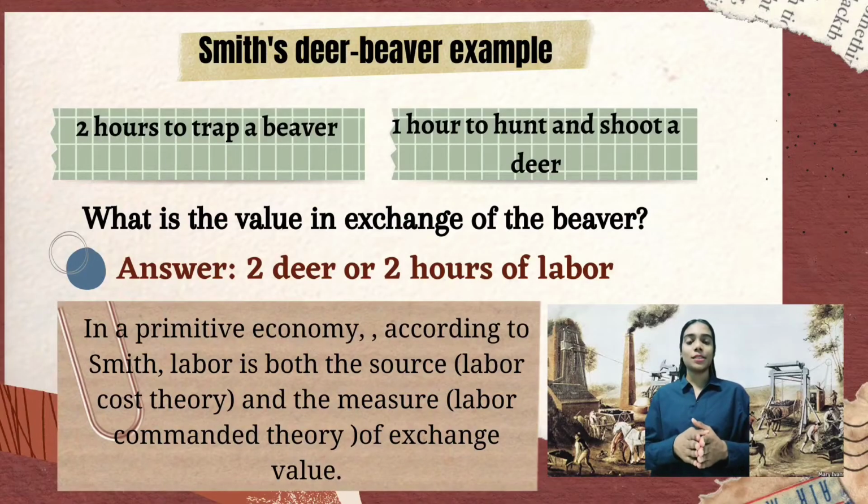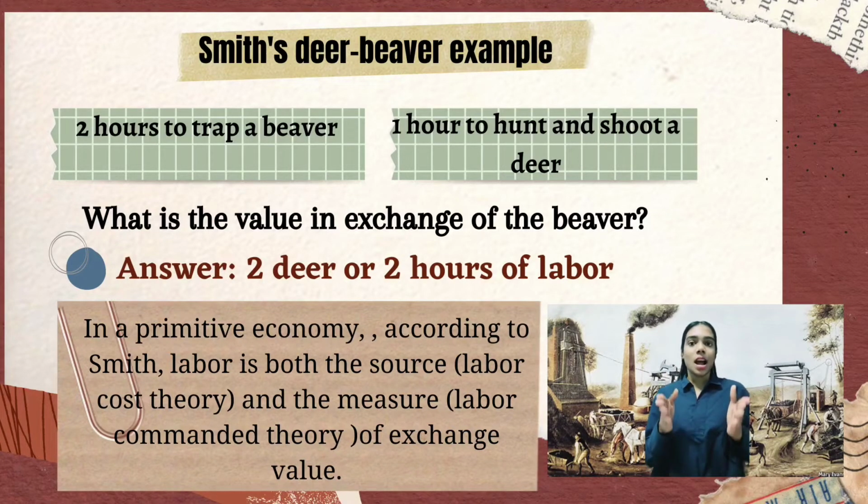Hence, in this case, we have the famous Smith deer-beaver example. Suppose that it took 2 hours to trap a beaver and 1 hour to hunt and shoot a deer. What is the value in exchange of the beaver? The answer is 2 deer or 2 hours of labor.